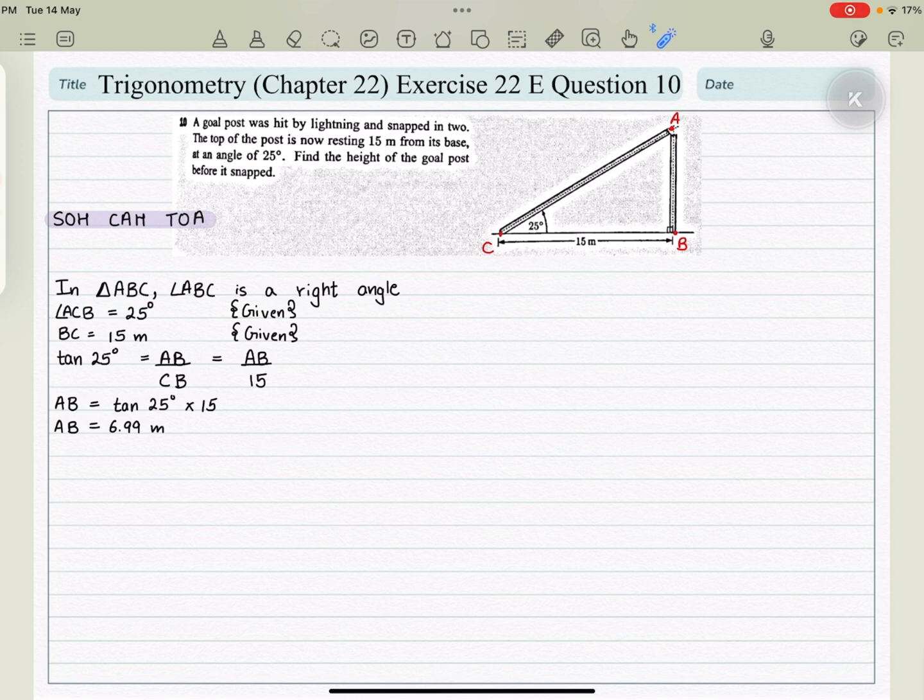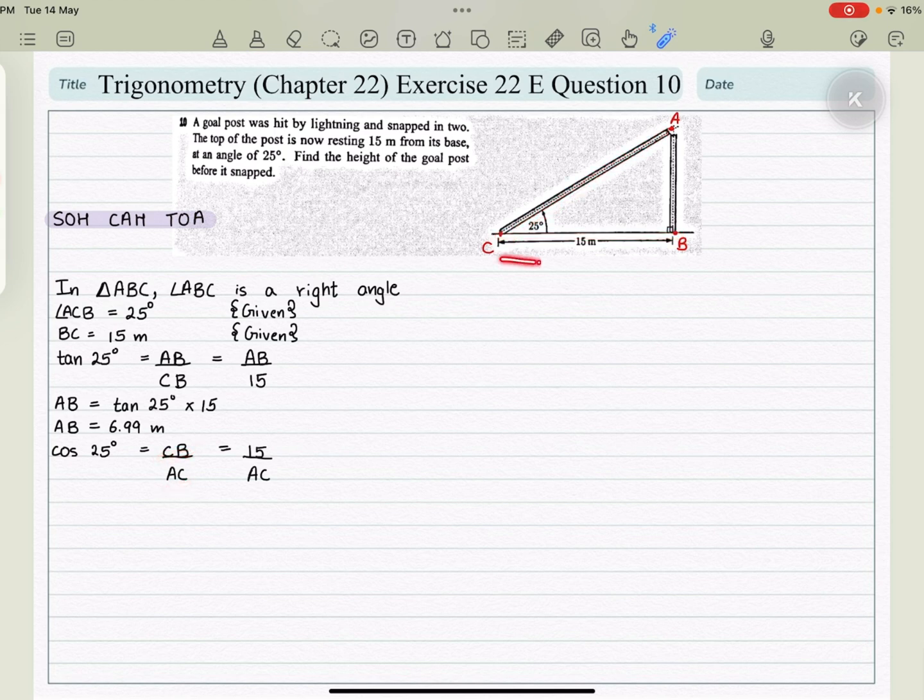Okay, so if we have to calculate this line right over here, and this is the angle, this is the hypotenuse, and we know the adjacent, so we're going to use A and H. We're going to use cos. We're going to say cos 25 degrees is equal to adjacent upon hypotenuse. Adjacent is CB, hypotenuse is AC, so CB upon AC.